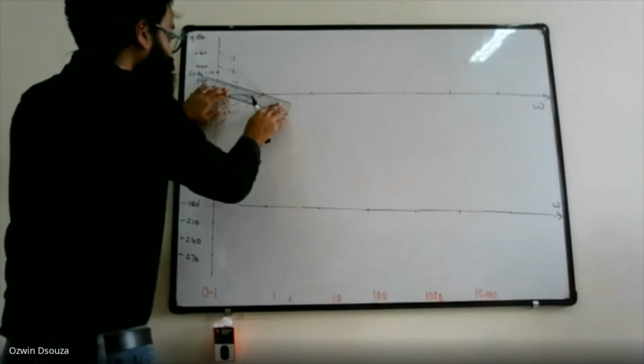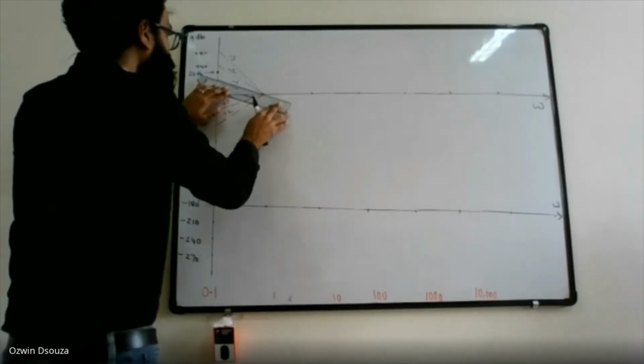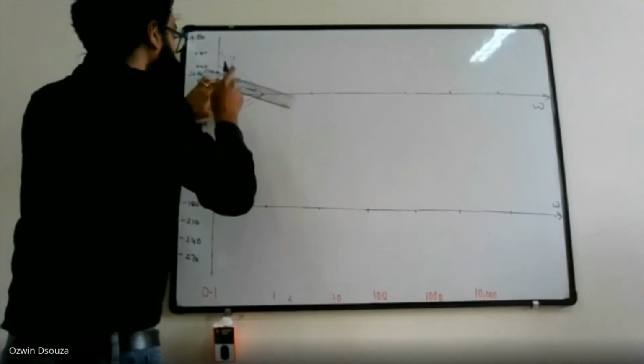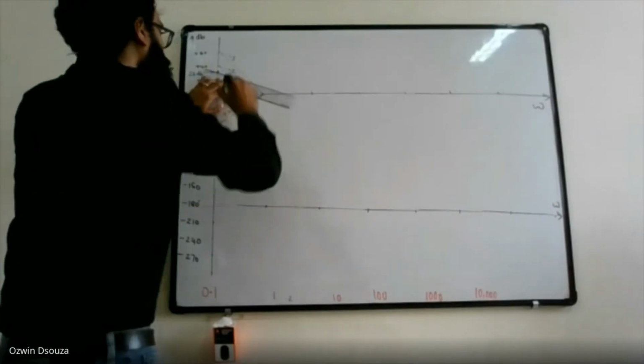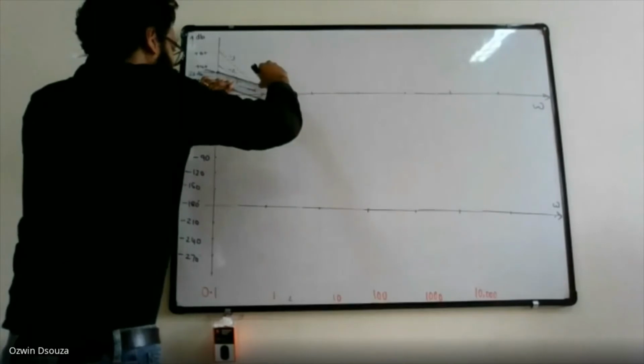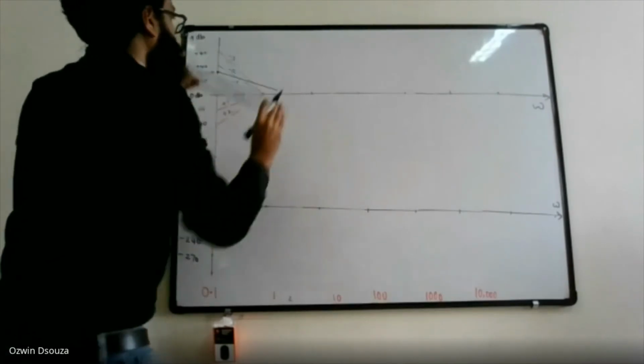Then you shift it upwards. Where do you have to shift? You have to shift to the 26 decibel point. And then you draw a straight line till 2 radian per second.